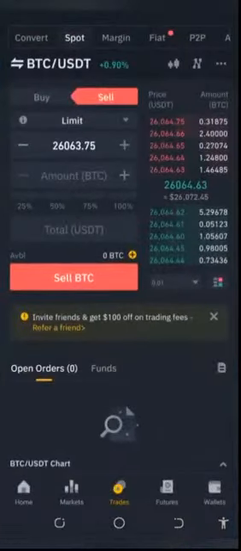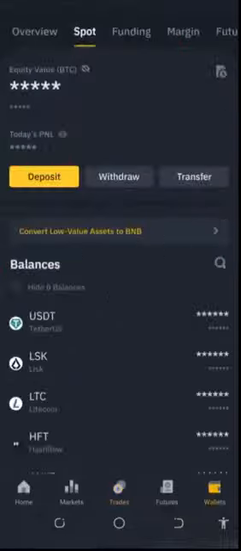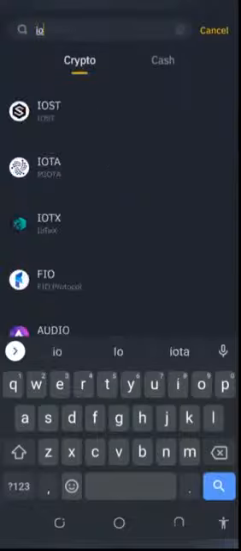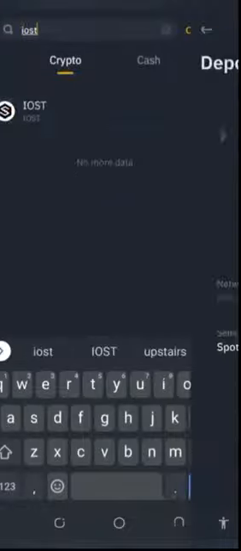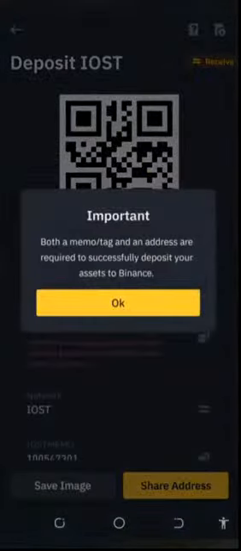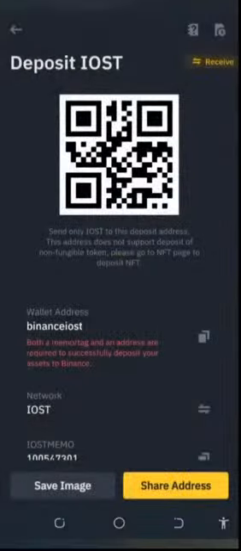So going to Binance. We need to pick our deposit address. So let's pick the deposit address. And that is supposed to be IOST. Okay? IOST. And then we click on IOST. It says both the memo and the tag. So let's click on this. We copy that.